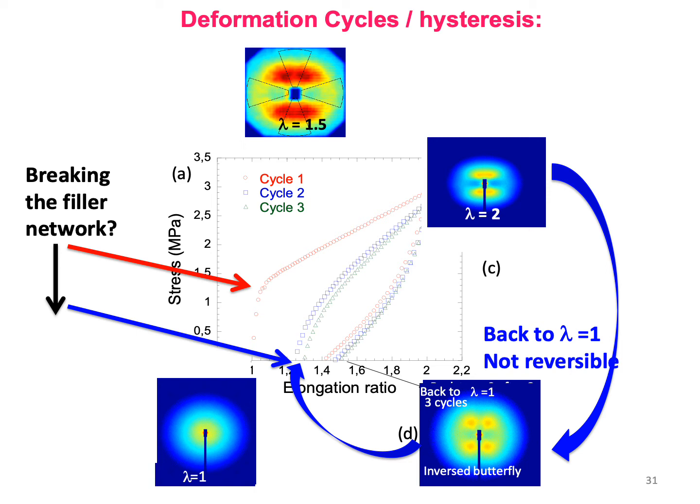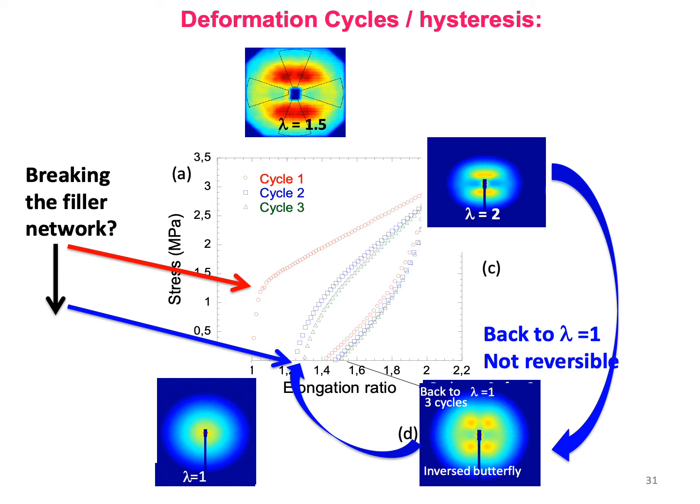Moreover, when we now re-stretch the sample, we observe a much smoother stress-strain curve. We do not observe anymore the steep part at the beginning, and if we recover again the deformation back to zero deformation and apply a third cycle, this third cycle is now very close to the second cycle.